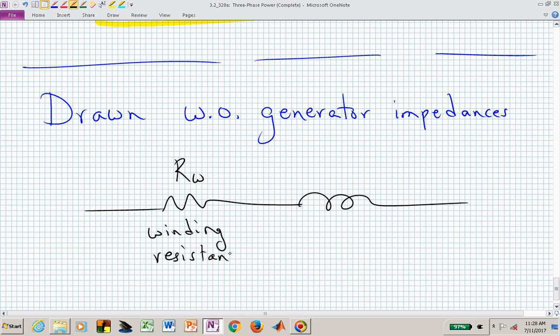If that source is now some generator, then that generator has some wiring associated with it, and we now have resistance of that wire, and we also have these coils, so we have some inductance that also is a part of each of those phases impedance at the source. So we have some inductive reactance.